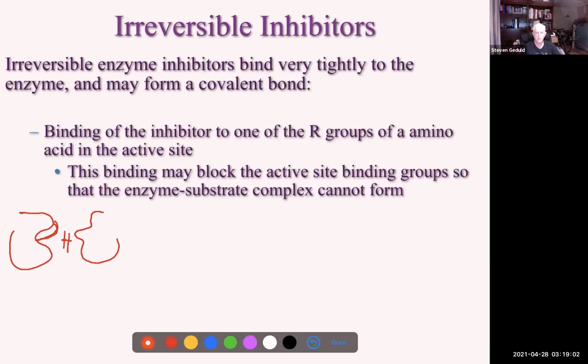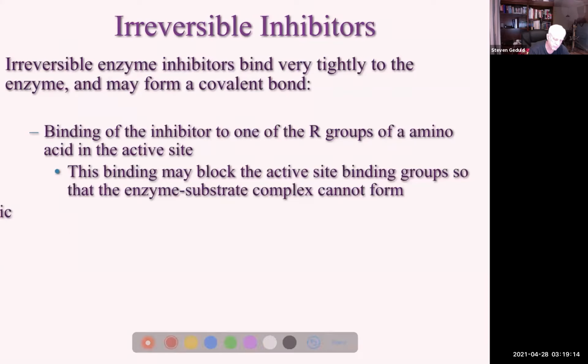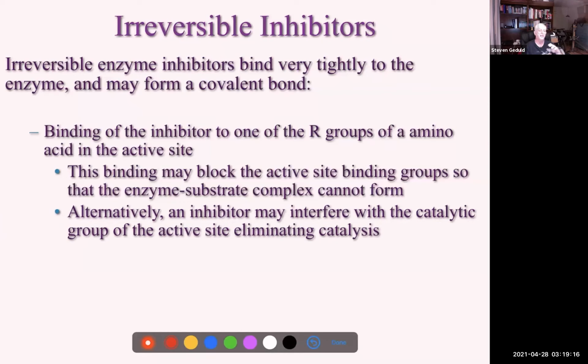So it blocks the active site, so the enzyme substrate complex cannot be formed now. Alternately, an inhibitor may interfere with the catalytic group of the active site, eliminating catalysis. So it might eliminate the whole site altogether, and you'll have no catalytic reaction whatsoever.